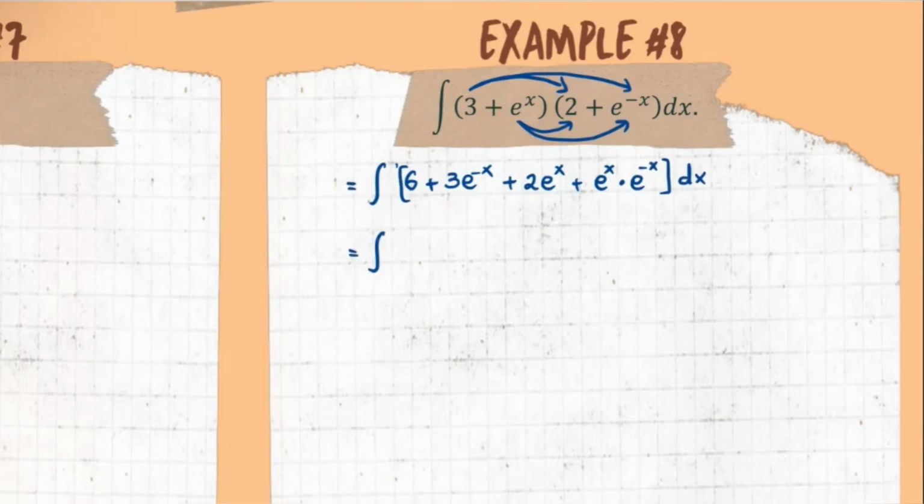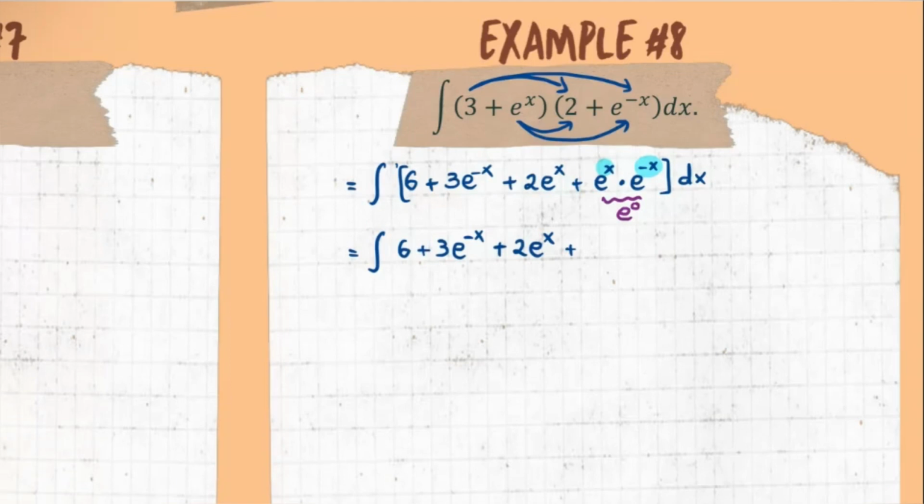So let's simplify our expansion. So dapat 6 tambah 3 e of negative x plus 2e of x plus, okay, cuba tengok dekat sini. x tolak dengan x dapat apa? E kuasa kosong. Betul?